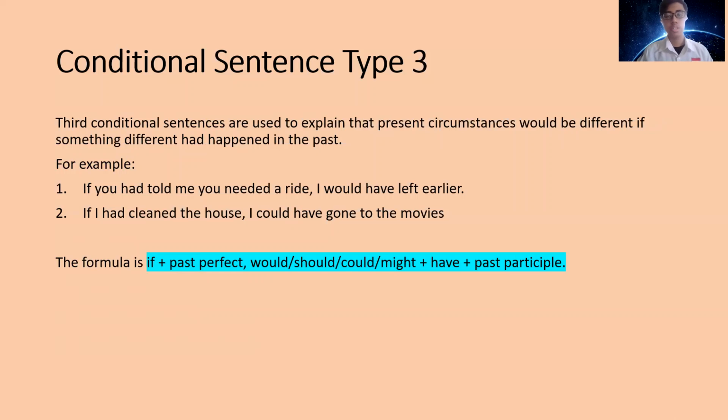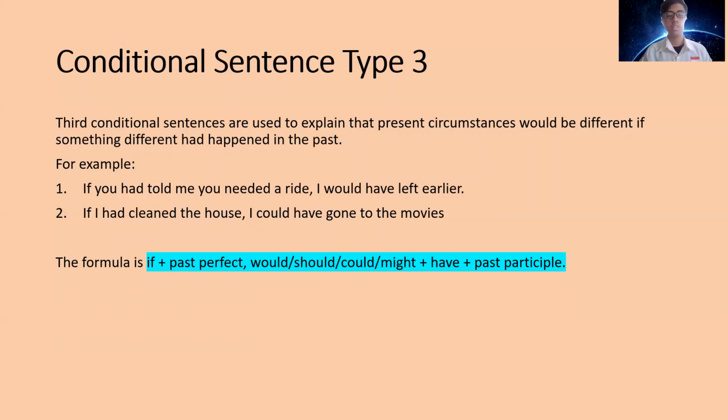Conditional sentence type 3. Third conditional sentences are used to explain that present circumstances would be different if something different had happened in the past. So this type is talking about if we did something different in the past, we could change the future. So for example, if you had told me you needed a ride, I would have left earlier.